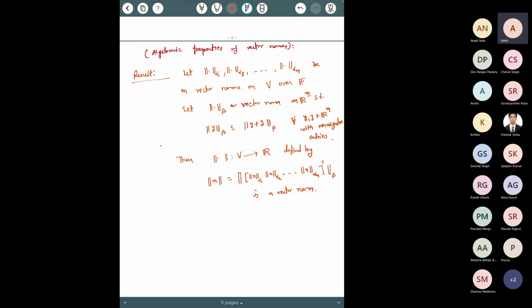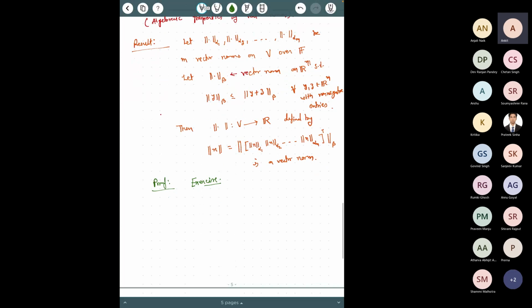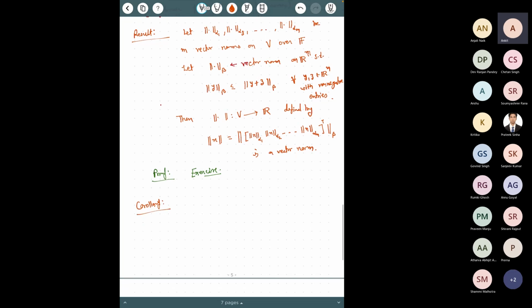Now this result is very useful because as a corollary of this result, let me ask you this. First let me write that the proof is an exercise for you. So as a corollary of this result, you will tell me how to use this result in order to prove the following.